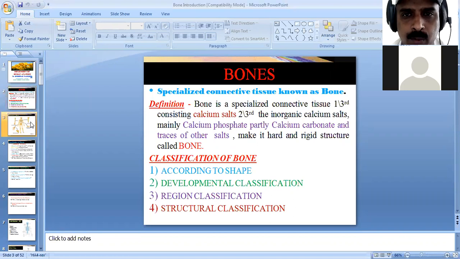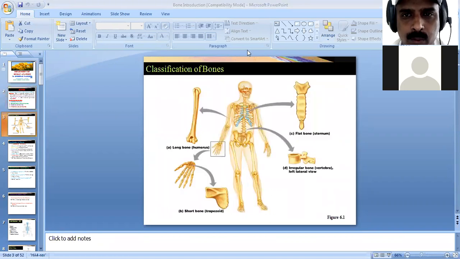When we go to the first one, you have to know the classification according to the shape. Under this, we are going to have subheadings. Here in this diagram, can you see the diagram? In this, you can see the bones which are under the classification according to the shape.